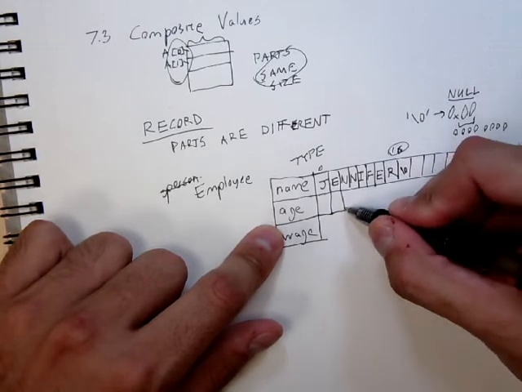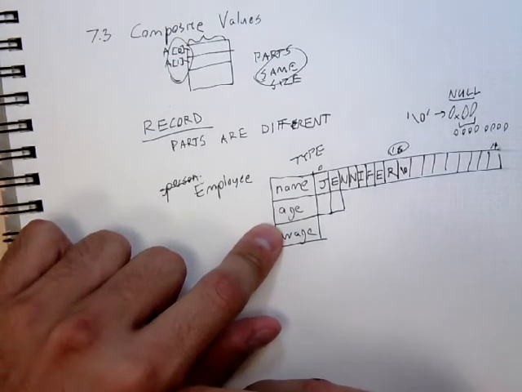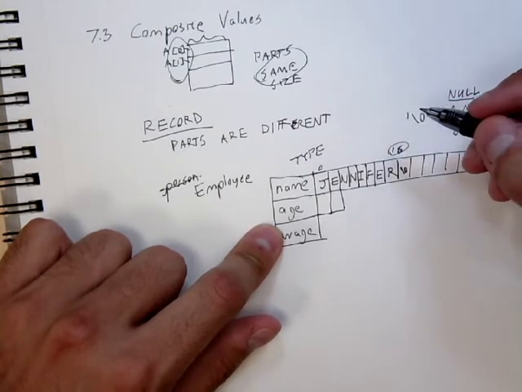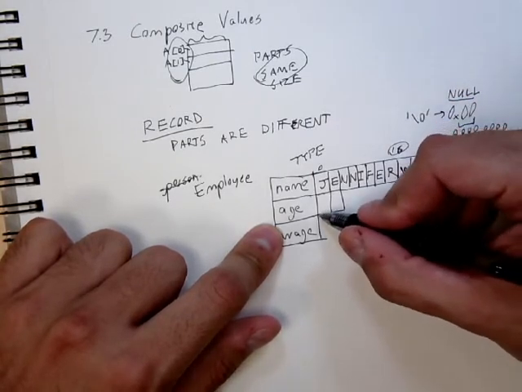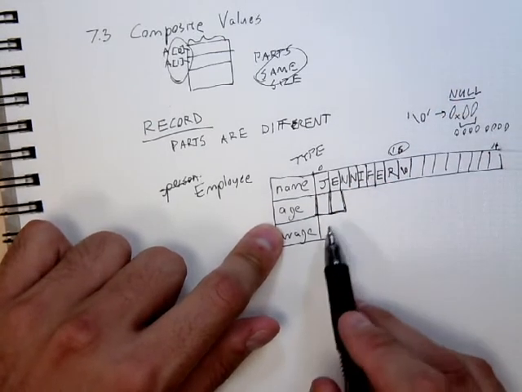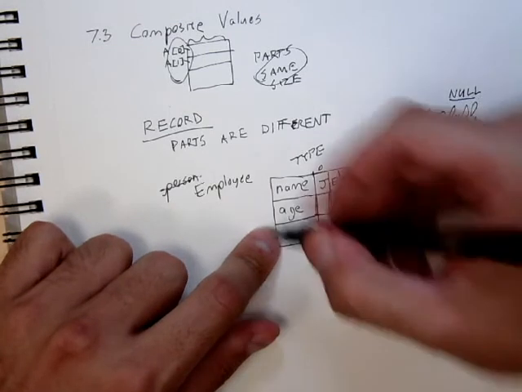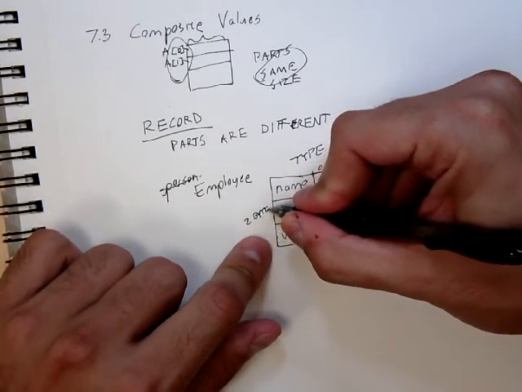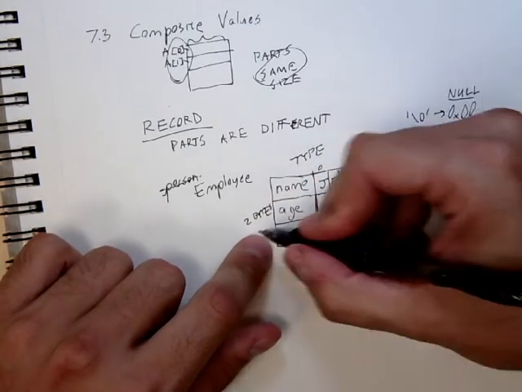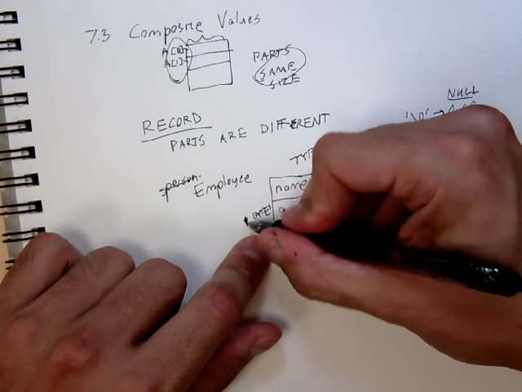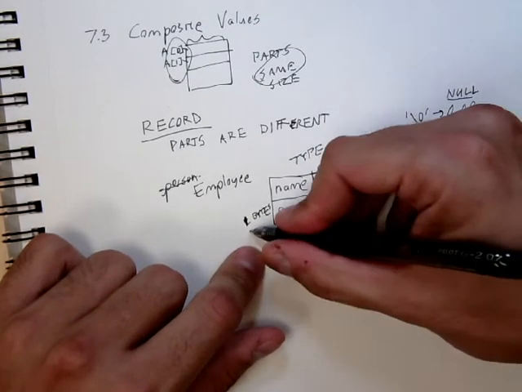You'd want to use 8 bits, because 8 bits can go from 0 to 255. So age only needs 1 byte, which will let you go from 0 to 255.